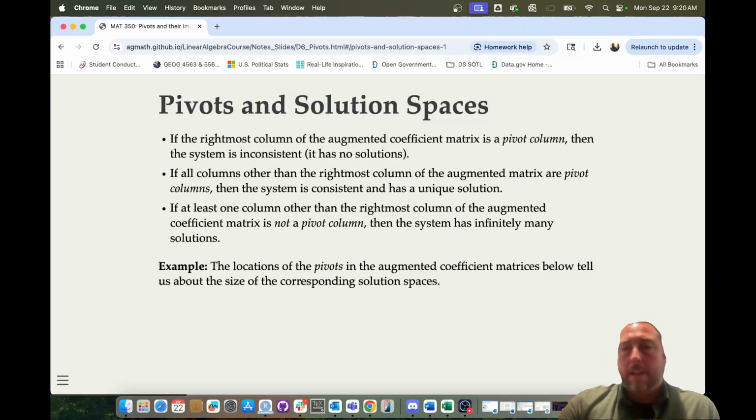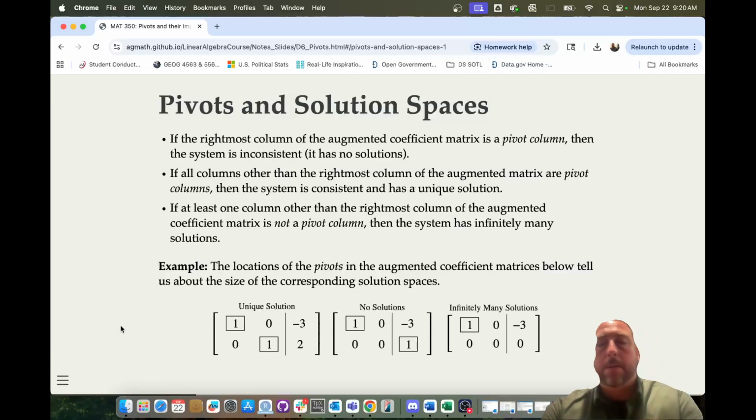So we'll take a look at 3 examples to highlight the scenarios that we're seeing above. Let's start here in the middle. In this case, that rightmost column, the one beyond the augmenting line, has a pivot in it, and in that case, there are no solutions. The logic behind that is that this vertical bar is our equal sign in our system.